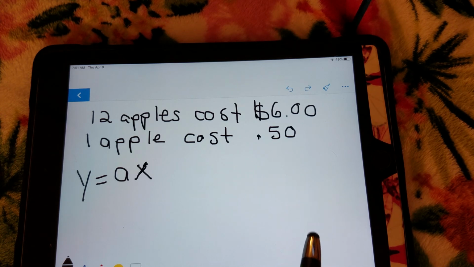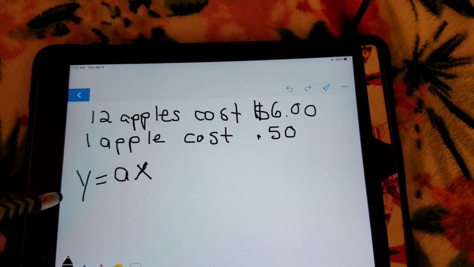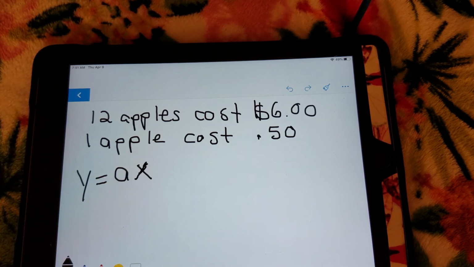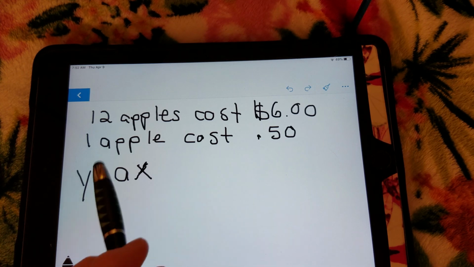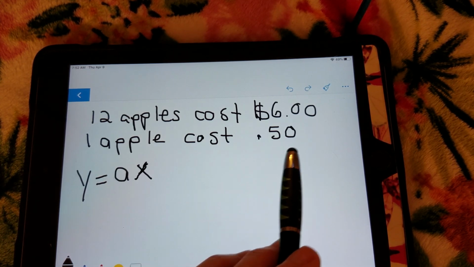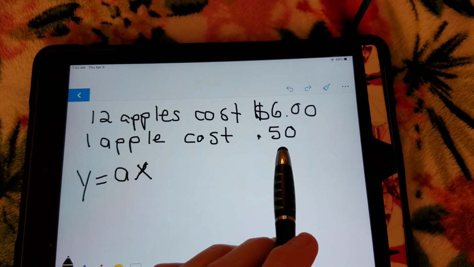Now, when we're talking about linear equations, for example, y equals a times x, the a would be the constant. So, what is the constant here? What stays the same? The 50 cents. Every time you buy another apple, it increases by 50 cents.